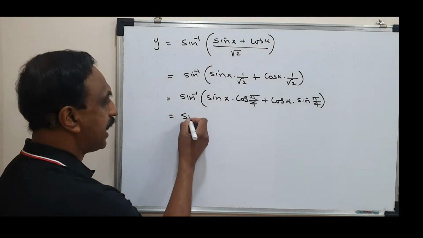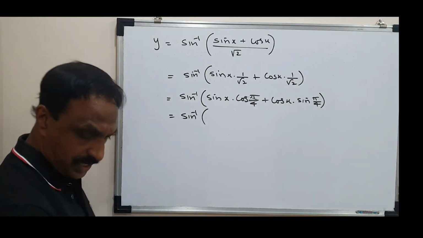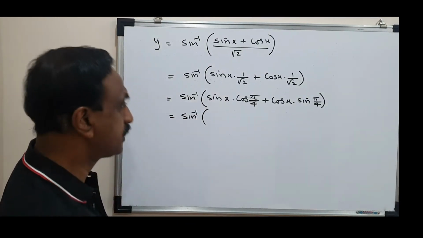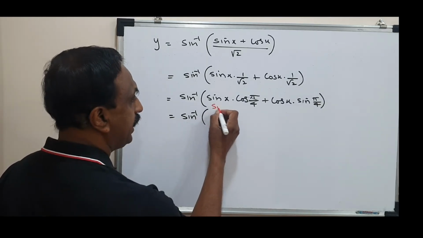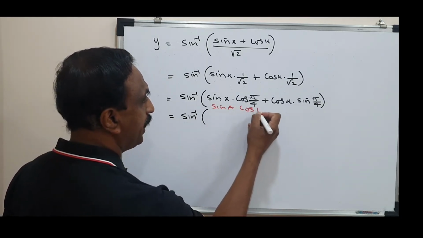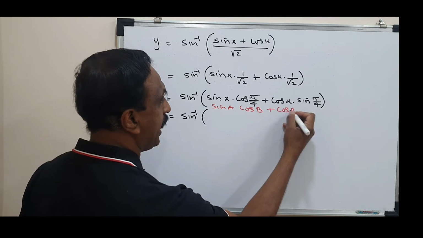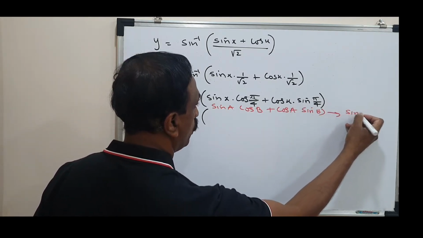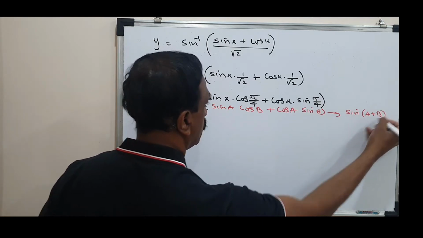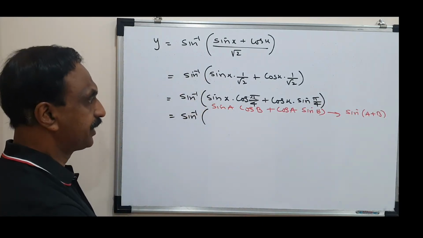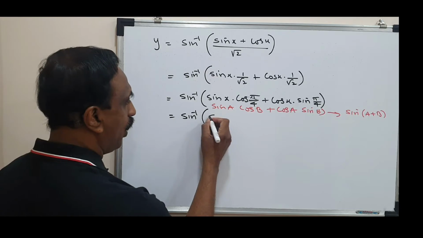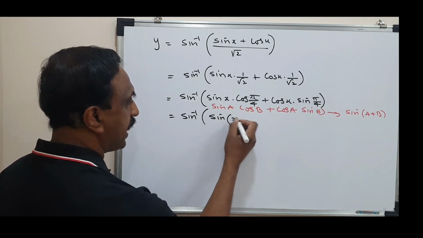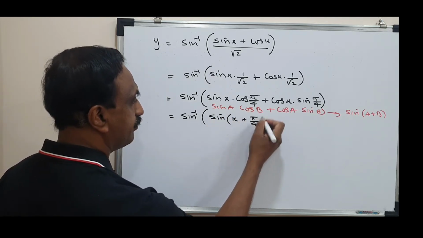So I can write sine inverse of, I'll just write the formula once for you to understand. It is sin A cos B plus cos A sin B, and you know that this is sine of A plus B. So I can write here sine of A is the first angle, B is the second angle.